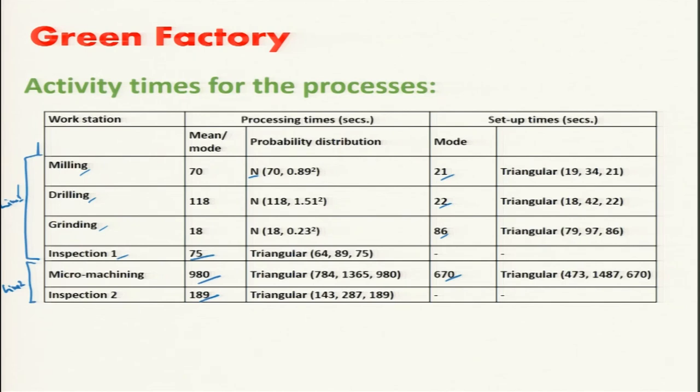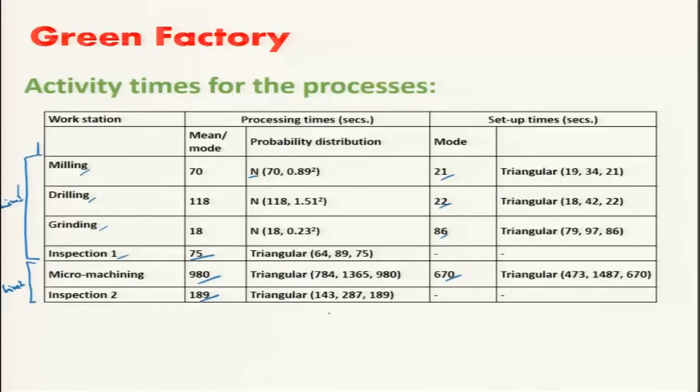Because the machining processes were automated, we chose normal distribution. Where we did not have a large amount of data or had a lack of knowledge of the distribution, triangular distribution is selected for the inspection and micro machining and any of the processes that involve humans. This is taken from simulation experts, like the book by Law and Kelton.